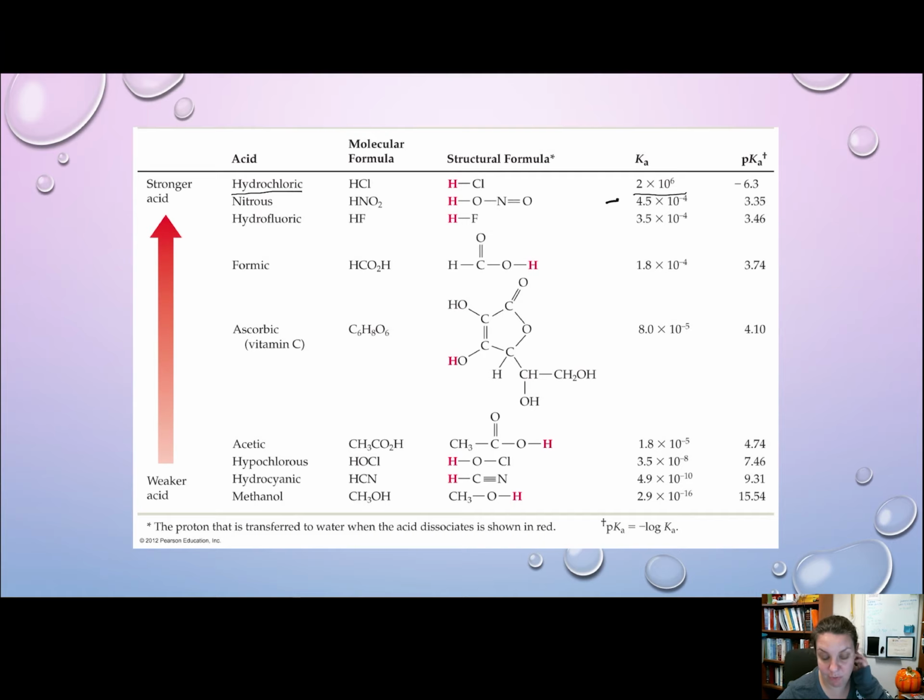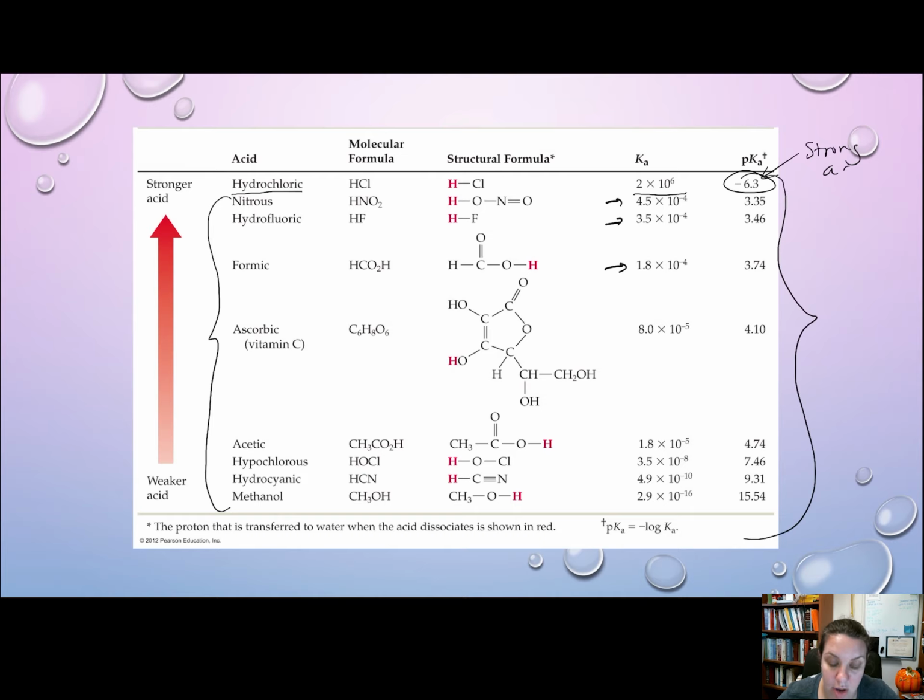But our Ka for a weak acid, so all of these down here, are still going to be less than 1. We can also see how pKa's are affected. So if we have a negative pKa, that means we have a strong acid. And then all of our weak acids are going to have pKa's that are increasing in value as we decrease in our strength of our acid.